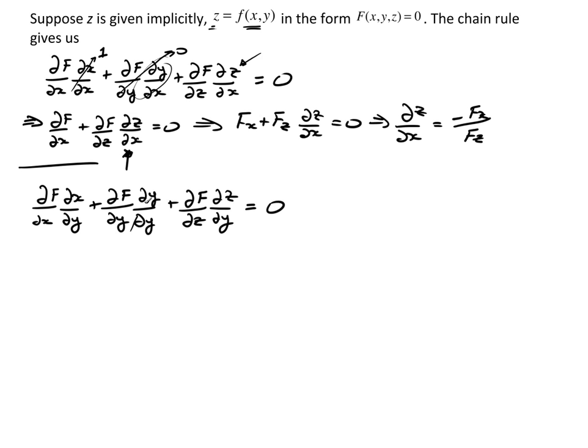Now partial of y over y is going to be 1. And x with respect to y is 0, so this whole term is going to be 0.